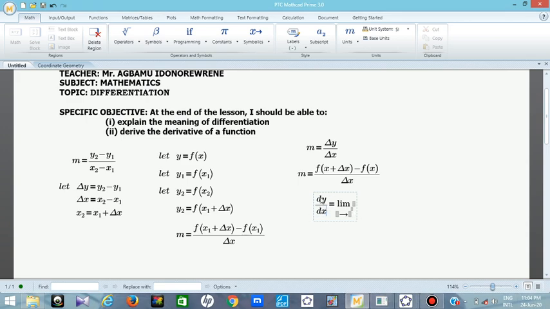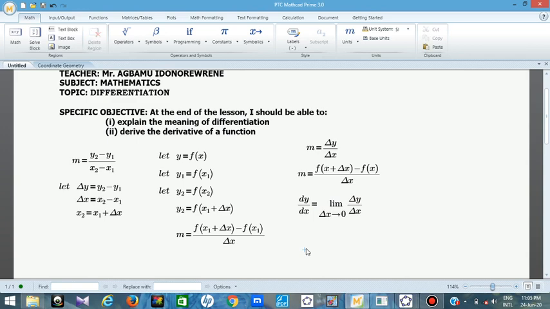So this is now the differentiation. So dy dx will give us the limit of delta y divided by delta x when delta x approaches 0. So this is the derivative function.